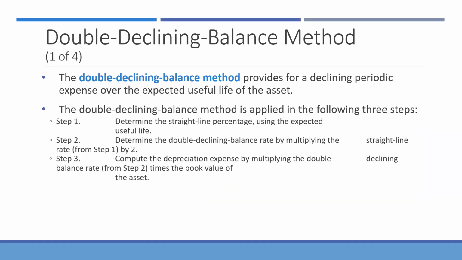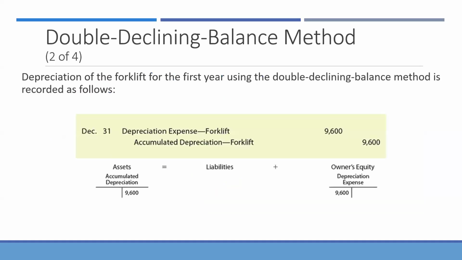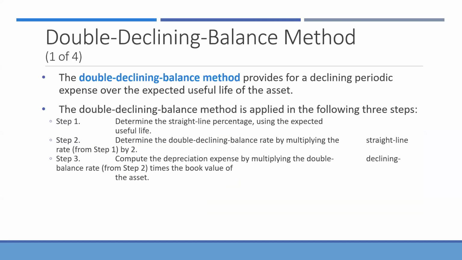So this combines elements of the straight line method, but then we want to put more of the cost at the beginning of the period than at the end of the period.